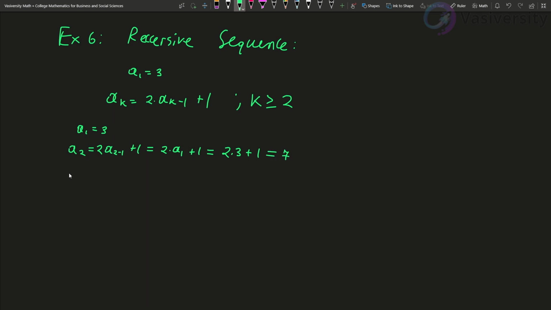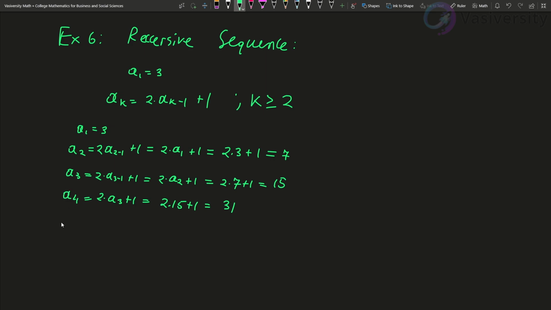Okay, now repeat the process. So a sub 3 is equal to 2 times a sub 3 minus 1 plus 1, which is equal to 2 times a sub 2 plus 1, which is equal to 2 times 7 plus 1, which is equal to 15. Then a sub 4 is equal to 2 times a sub 3 plus 1, is equal to 2 times 15 plus 1, which is equal to 31.